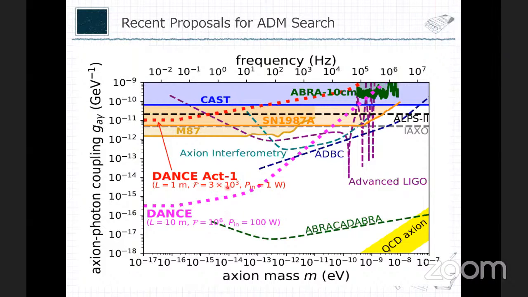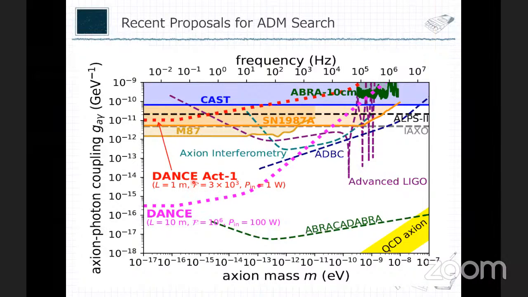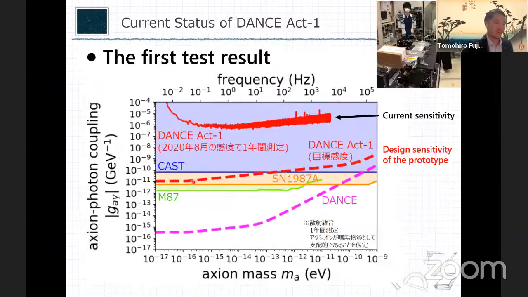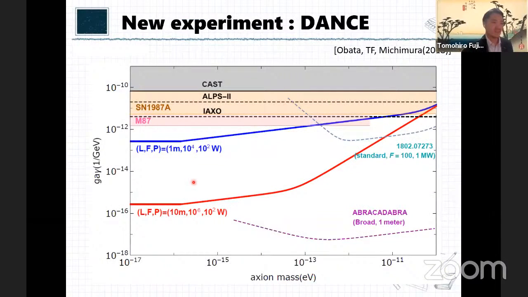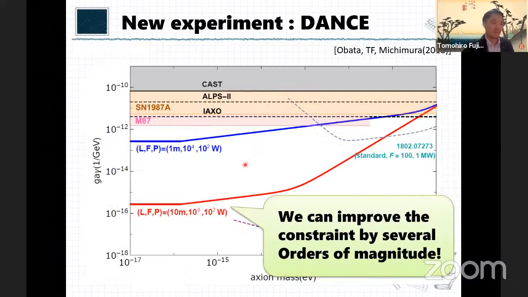Also, please notice I also changed other parameters. For example, this F is the finesse. It basically says how many times a photon gets reflected inside the cavity, which means the quality of the mirror. So if the photon gets reflected more times by the mirror, it stays inside this cavity for a longer time and gets more rotation of the polarization plane.